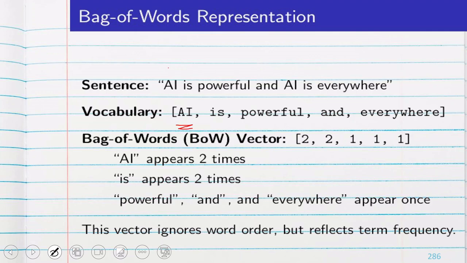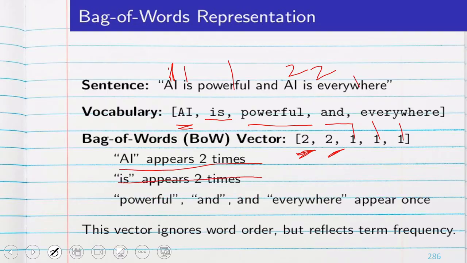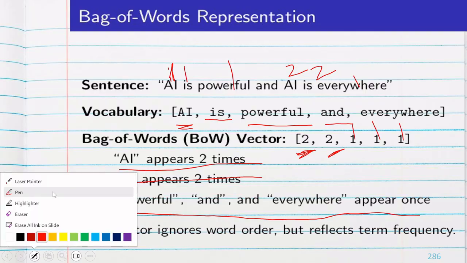How many AIs are there? 1, 2. So frequency is 2. Is: 1, 2, so 2. Then powerful: only one, so 1. And: 1. Everywhere: 1. So AI appears 2 times, is appears 2 times, and powerful, and, and everywhere appear once. This vector ignores word order, but it reflects the term frequency.